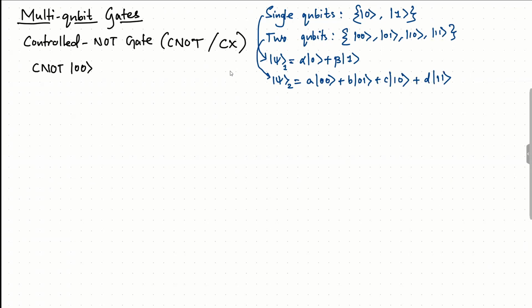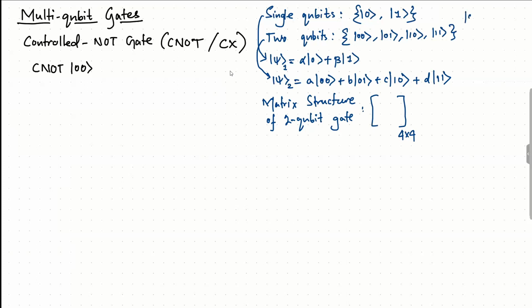Similarly, the matrix structure of a two-qubit gate will be a 4x4 matrix, because the qubits now have a 4x1 structure.